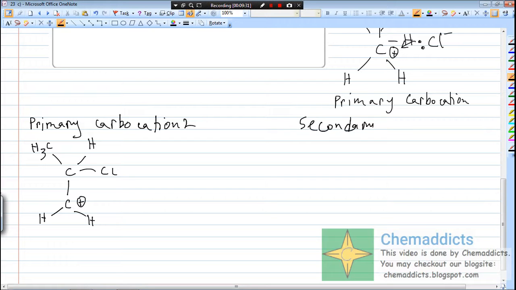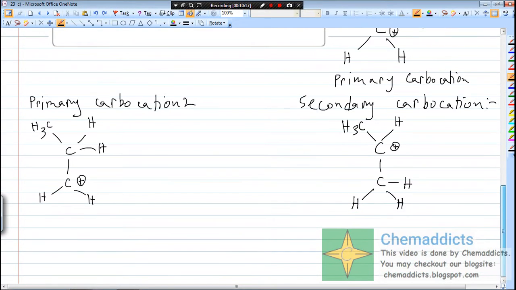Okay, sorry, this should be H. This is the secondary carbocation. This would be the secondary carbocation, H plus, H.